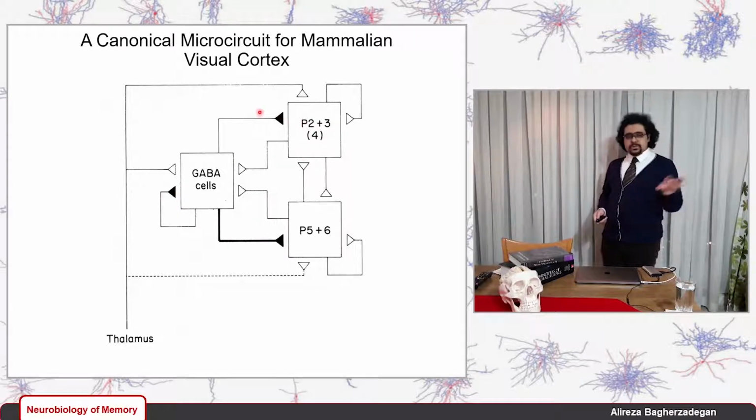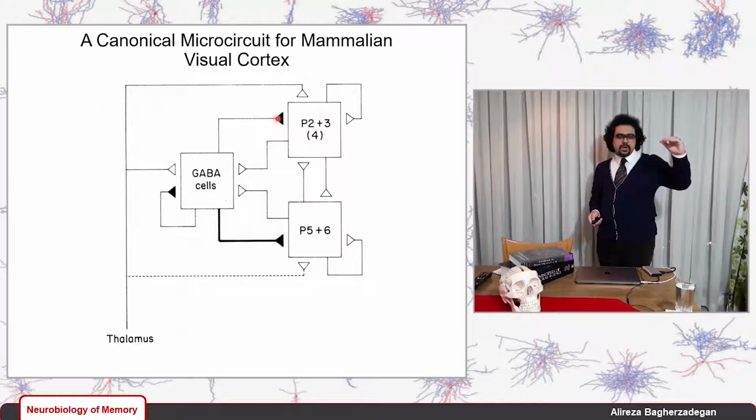One of those populations of excitatory neurons consists of the principal neurons or pyramidal neurons at layers 2 and 3, the superficial layers of the cortex. Spiny stellate cells, because some of their properties resemble the properties of pyramidal cells at layers 2 and 3, are also included in this population.